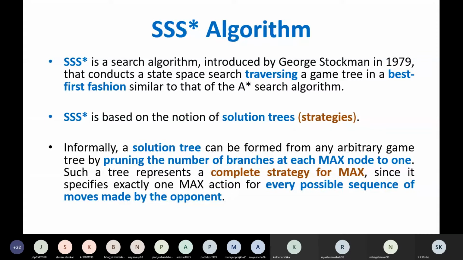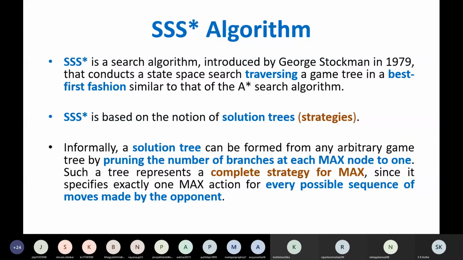The main problem with alpha beta algorithm is that we know the algorithm is sensitive to the order in which the moves are generated. If you consider a particular game tree, and if you change the order in which the moves are generated, you will find the number of nodes that have to be evaluated will change.